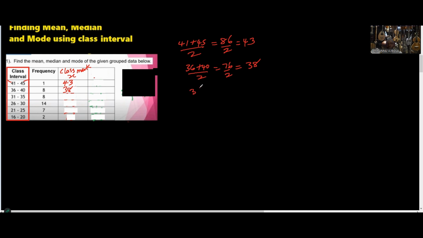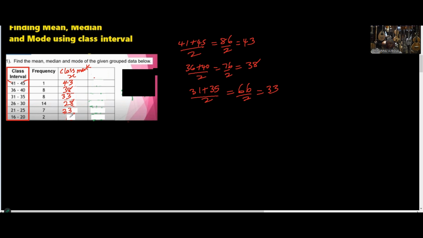Then the next one, 31 plus 35, all divided by 2. That's 66, divided by 2 is 33. So you can just be subtracting 5 and getting the next one. 33 minus 5 is 28. Minus 5, 23.